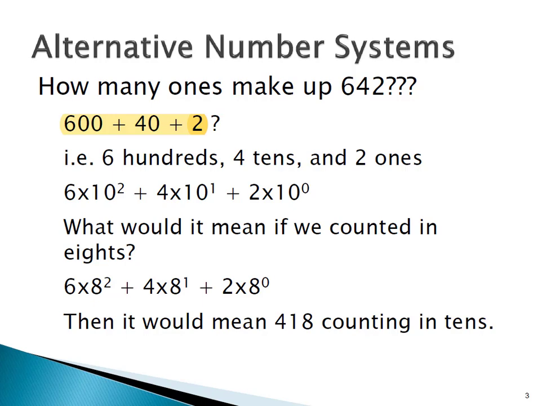In this number system, there were always 10 symbols. So what were these symbols? There was 0, 1, 2, 3, 4, 5, 6, 7, 8, 9. These were the symbols that made up this base 10 number system.